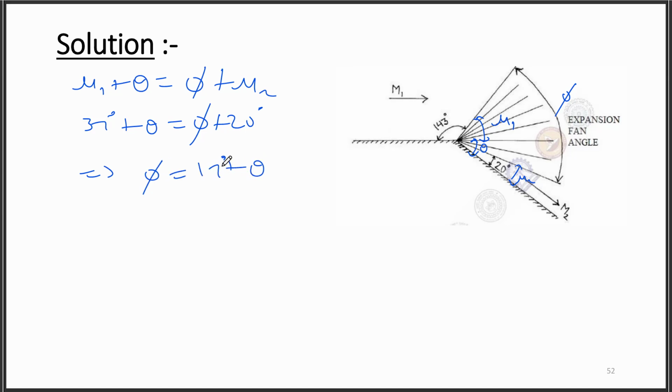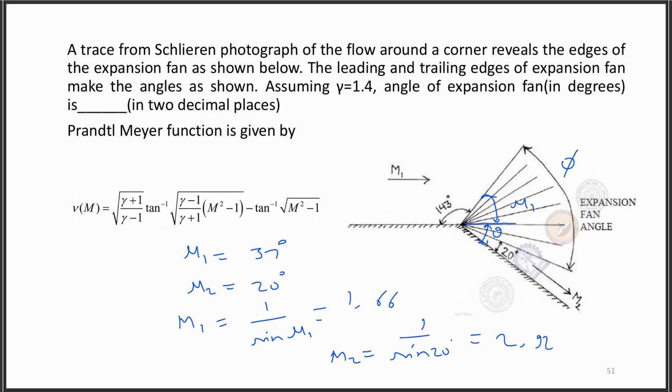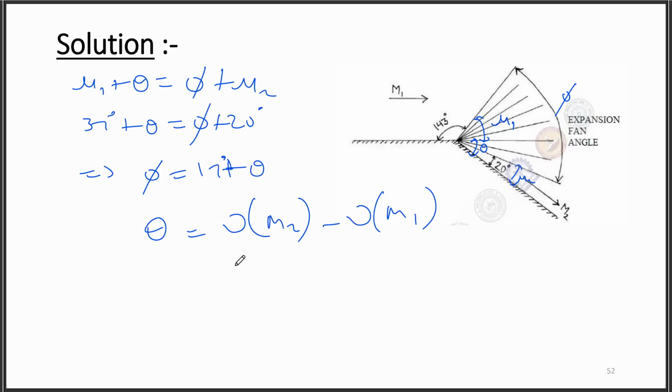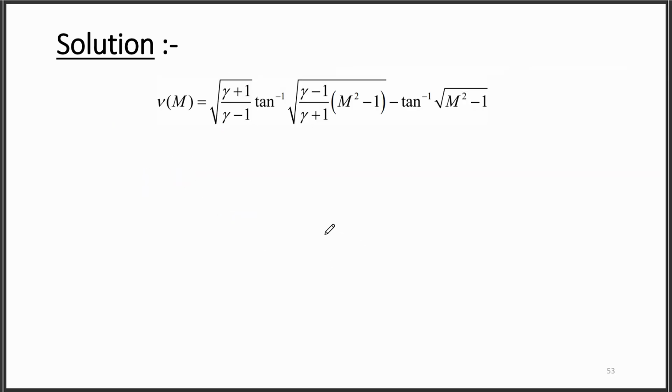So if we know theta, we can find phi. And what is theta? Theta is nu(M2) minus nu(M1). Now I already told how we got M1 and M2. Just put these values M1 and M2 here, we will get nu(M2) and nu(M1). Using those, we can find the phi value. That is left to you for homework.